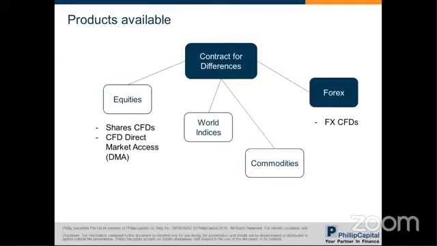Indices CFD is more on trading the various indices, so you're participating in the price movement of the index that's reflected from there. For commodities in CFD, we offer silver and gold.